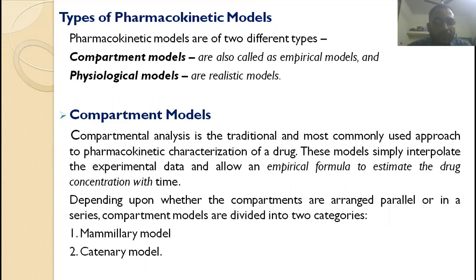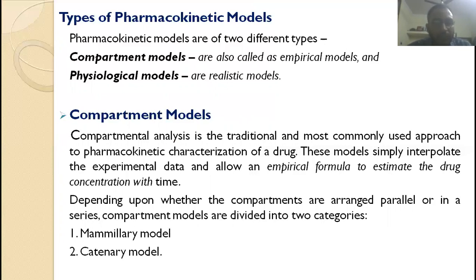Types of pharmacokinetic models. Generally, there are two different types, compartment models and physiological models. Compartment models are also called empirical models and physiological models are very realistic models.